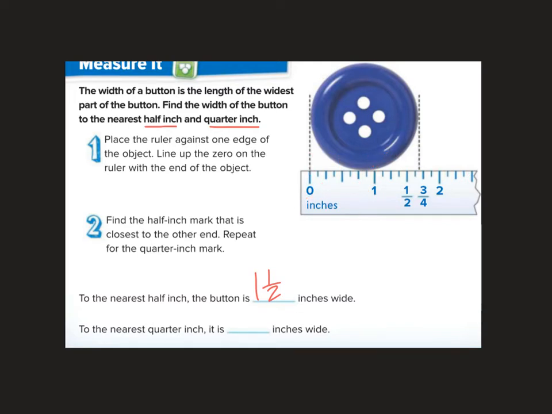Okay. So, to the nearest quarter inch, we're looking at this. 1/4 is this line. We're going to also look at 1/2. And we're going to look at this line right here, which is 1 3/4.